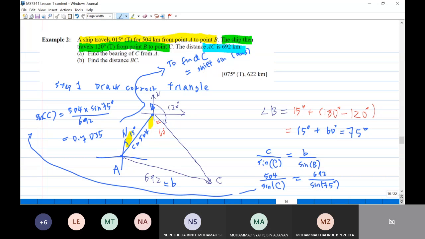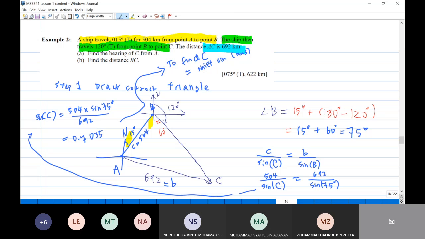So let me press shift sine. Okay, never mind. It's 0.7035, right? I press shift sine, you can see sine inverse there. 0.7035. We can press answer also. Shift sine 0.7035.